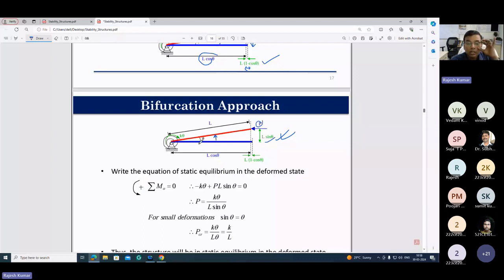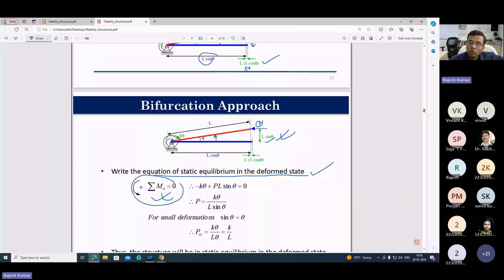Now please take the summation of moments, because these members will be in equilibrium even in the deformed state. So how to examine the equilibrium? Take the summation of moments about these points to be zero. The equation of static equilibrium in the deformed state: you need to write the summation of moments to be zero.